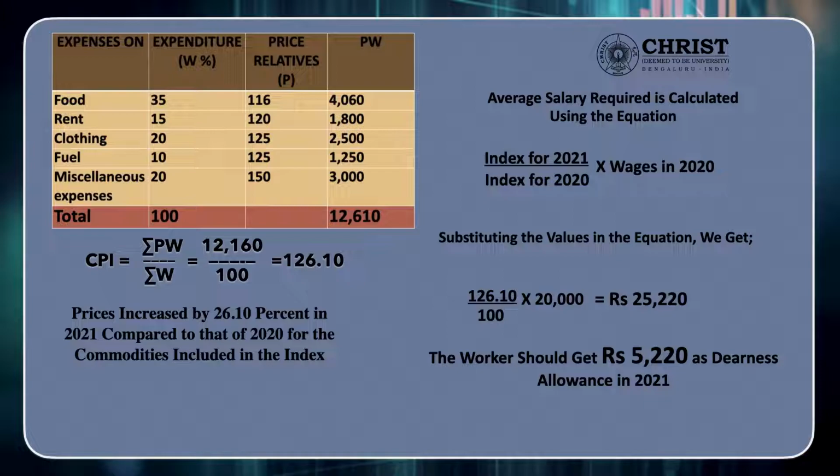So the answer is 25,220 minus 20,000, that is rupees 5,220 he should get as dearness allowance in 2021 to maintain the same standard of living. This is how the consumer price index plays an important role in fixing wages and salary or in calculating the dearness allowance. This is an important module and this is what I wanted to explain in this module. Thank you.